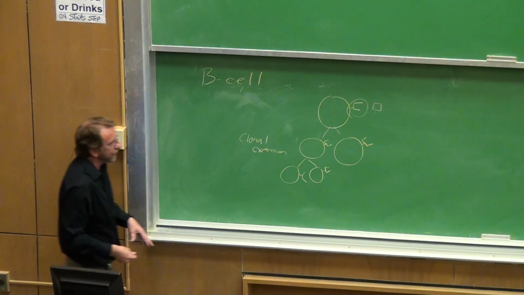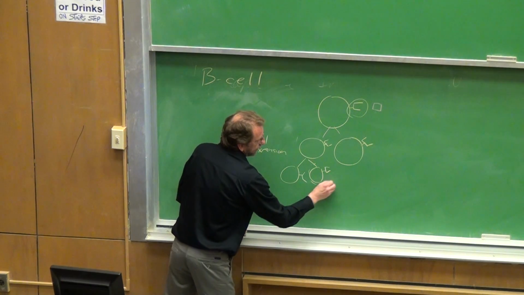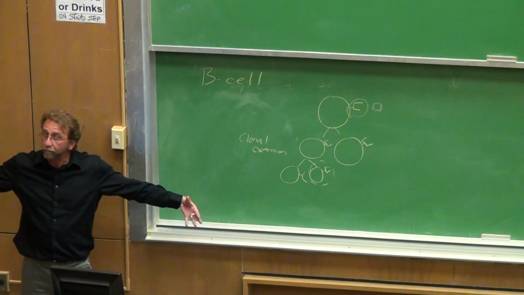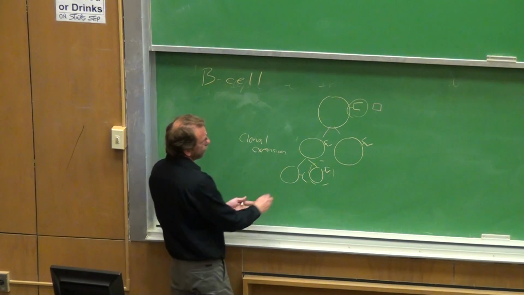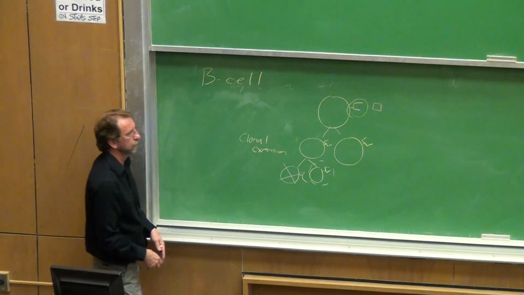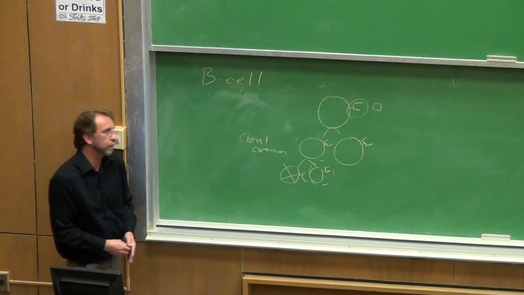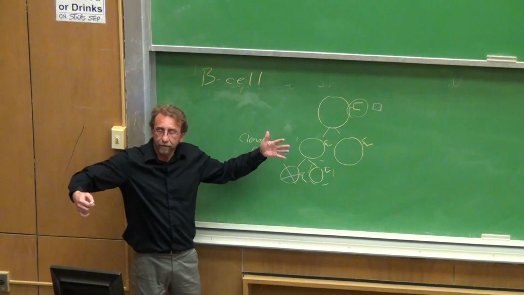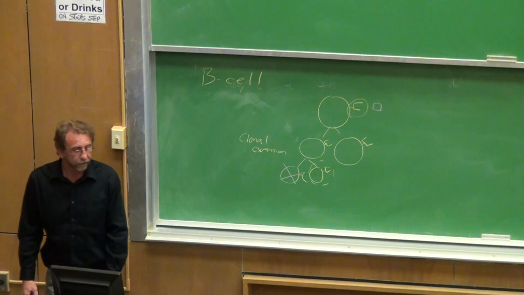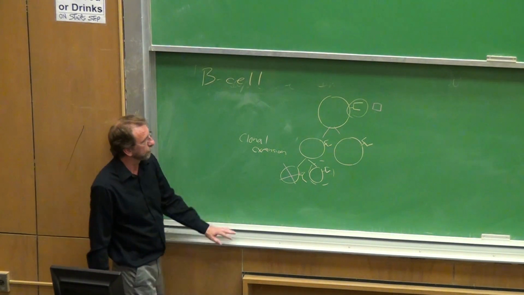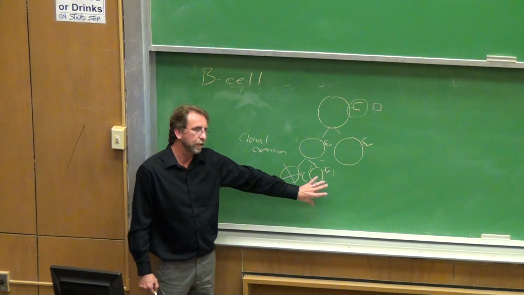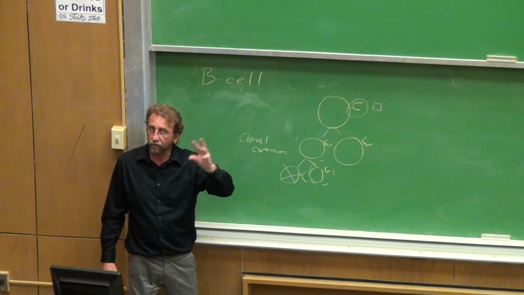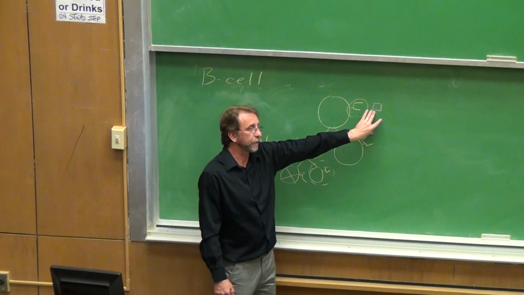And those that fit best will be selected for to continue to expand. And those that don't fit so well will not continue in the expansion. So there's a fine-tuning, if you will, as the B cells expand. So now you've got this population of B cells that has a very specific surface receptor for this particular antigen.